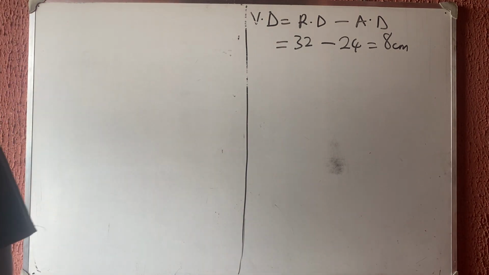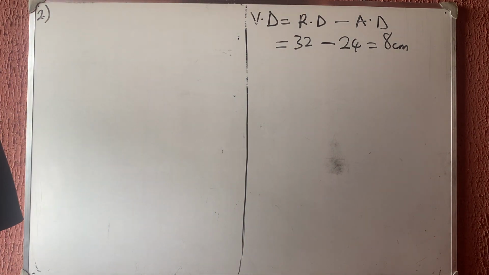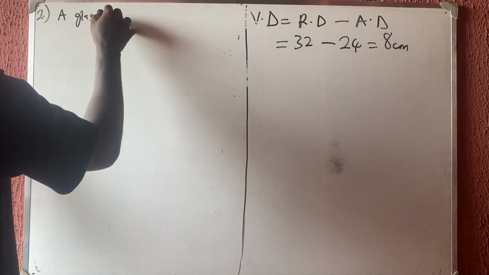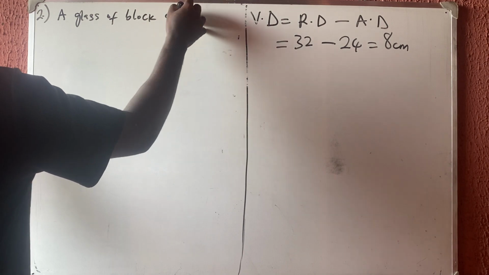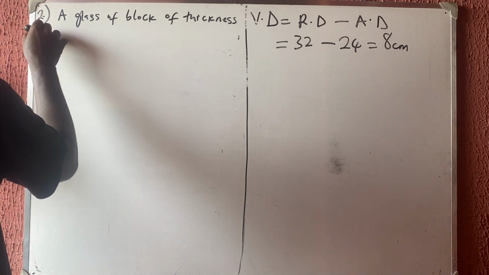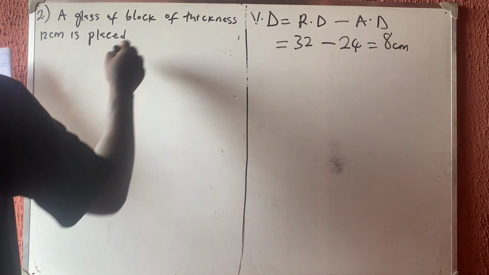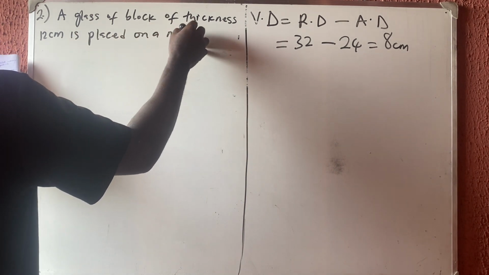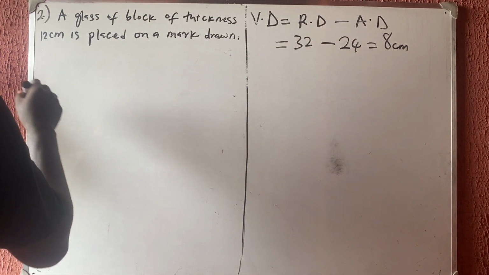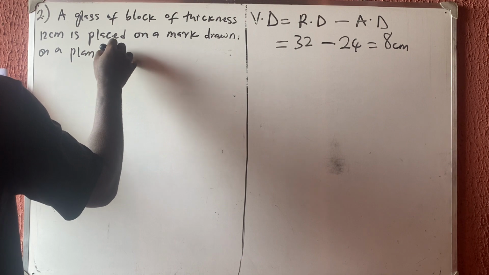Question number 2 says: a glass block of thickness 12 cm is placed on a mark drawn on a plain paper.